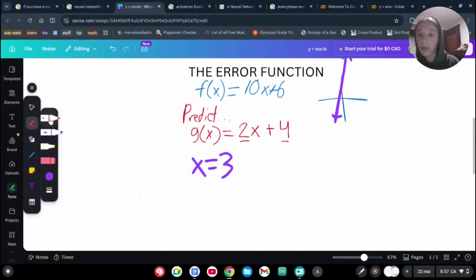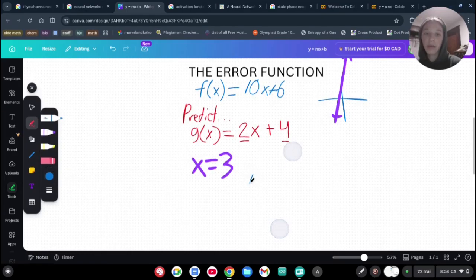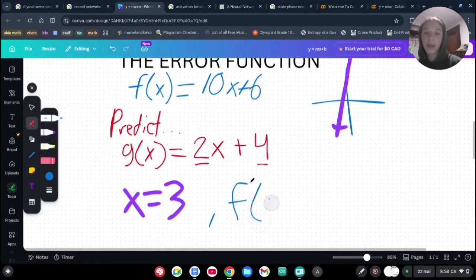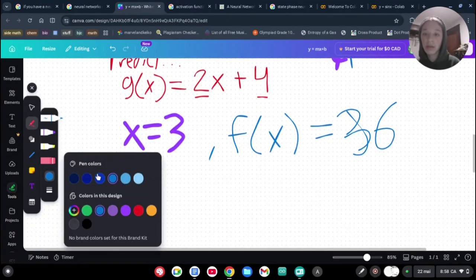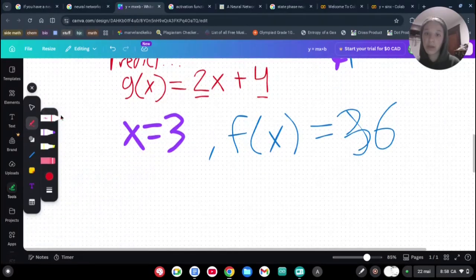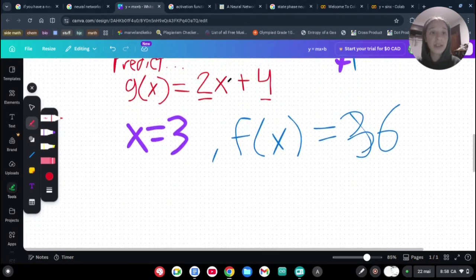So f of x equals 36. And what will g of x be? I think I gave 3. Yeah, I did. So 2 times 3, 6, plus 4, 10. So g of x gives 10.